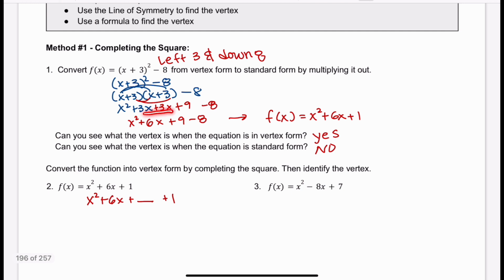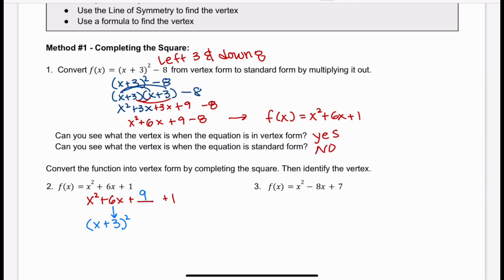So we had 3x and 3x, and so this 3 is half of the 6, because they're going to be exactly the same, we cut it in half, we get 3. So when I put this as a perfect square, I'm going to have x plus 3 squared. So it's always half of whatever this number is.